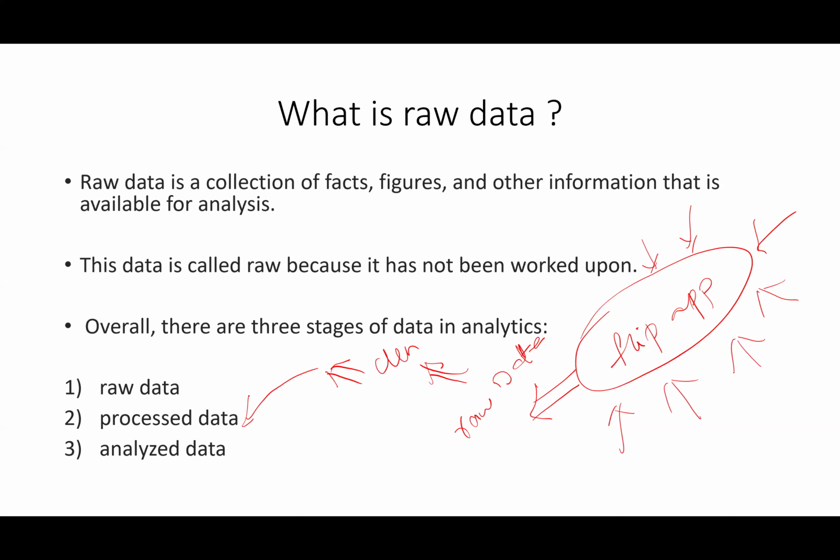Then he will use this processed data and store it in something called a data warehouse. Then he will convert this into analyzed data and start generating reports to take meaningful decisions. For example, there is a large demand for fish products in Bangalore, and a large demand for vegetarian products in Karnataka, so that I can improve the sales of vegetarian products in Karnataka.